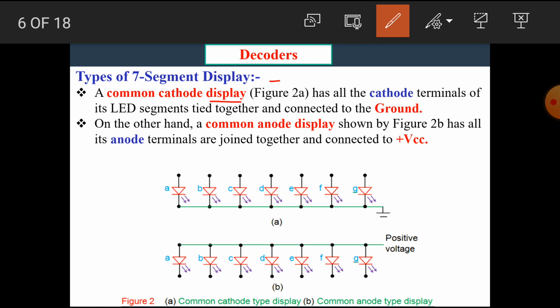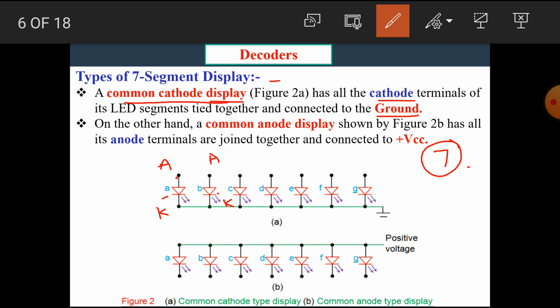A common cathode display has all the cathode terminals of the LED segments tied together and connected to the ground. That means we can see here that the 7 segment display consists of 7 LEDs like this. We know that this is the anode terminal and this is the cathode terminal.